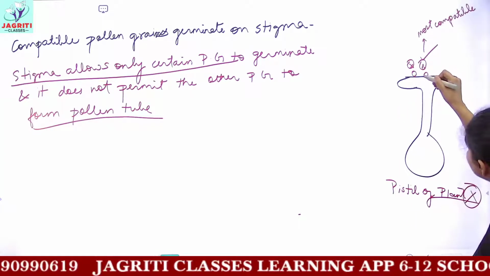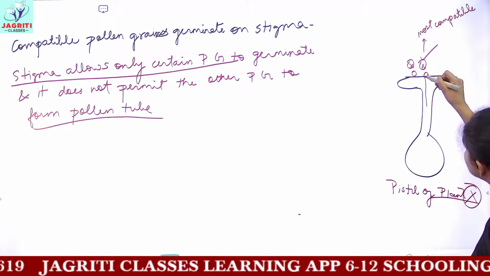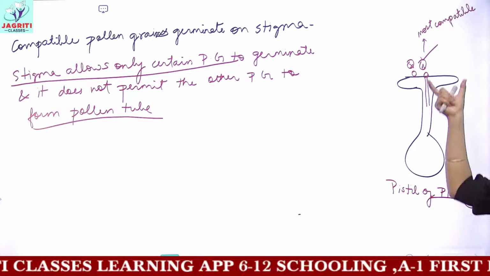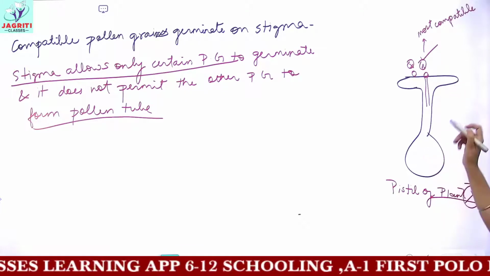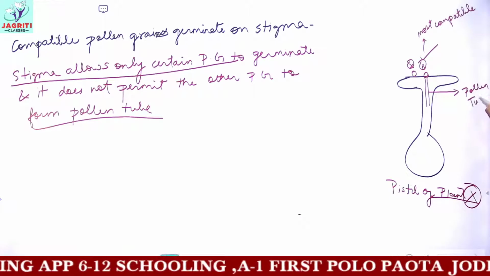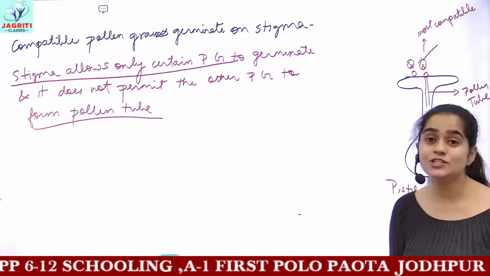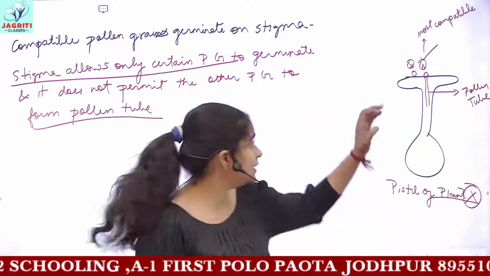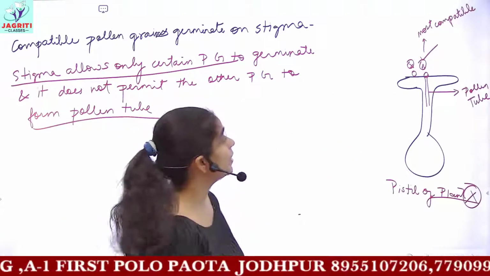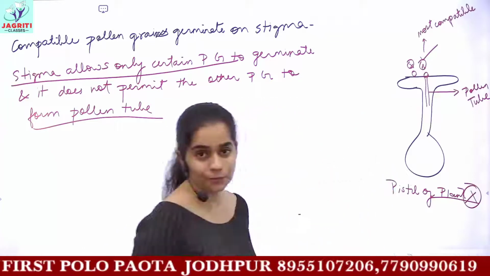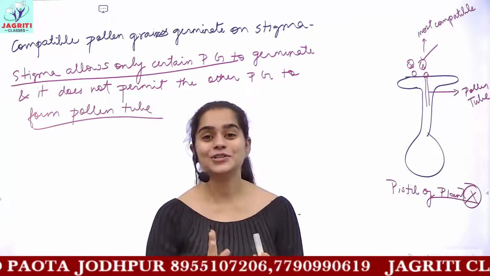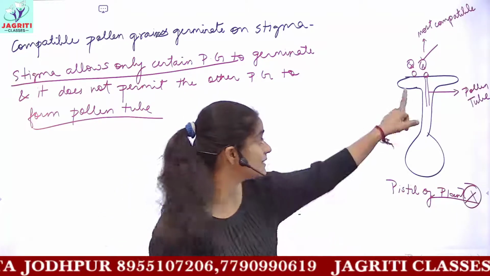And once it germinates, you will observe that it forms a narrow, thin, tube-like structure which goes through the stigma and through the tissues of the style. This structure is known as the pollen tube. So germination means whenever the compatible pollen lands on stigma and gets a favorable response from the stigma, it forms a pollen tube. And in this pollen tube, we have two types of male gametes present inside.